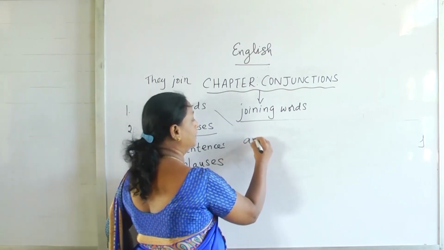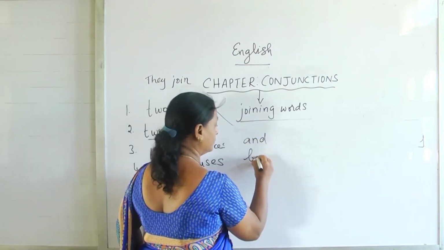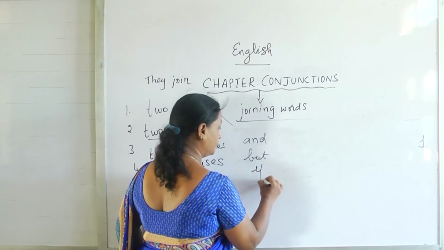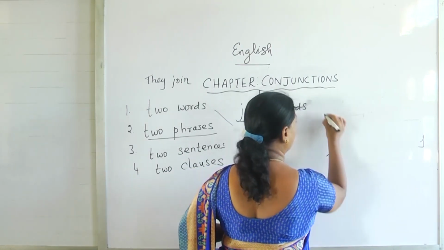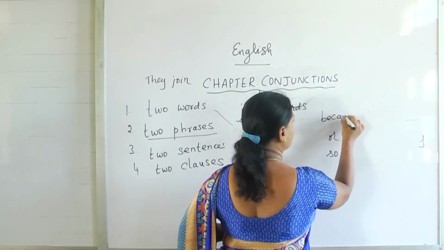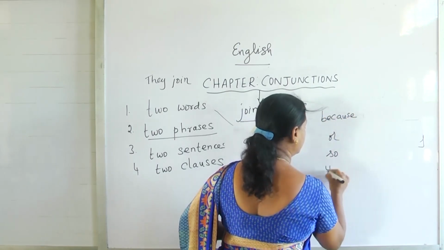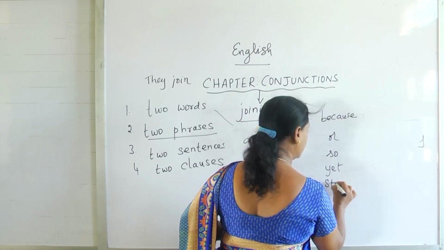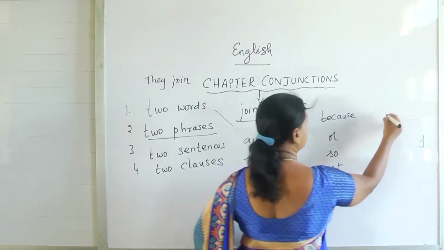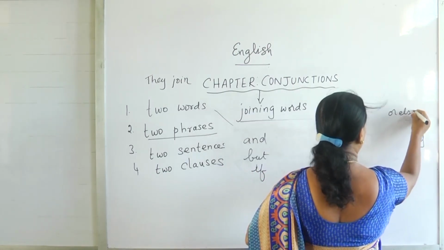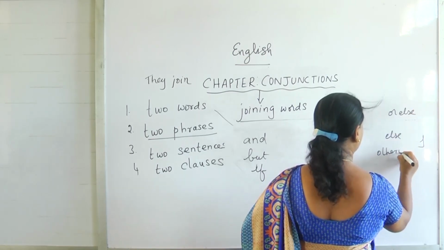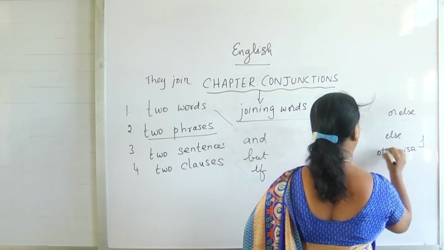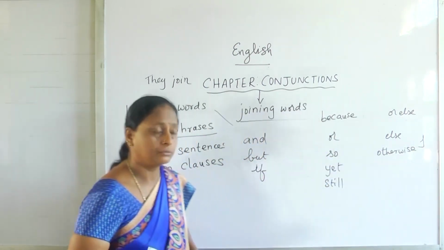Now I wrote and, but, if, are, so, because, yet, still, or else, otherwise. What are these?